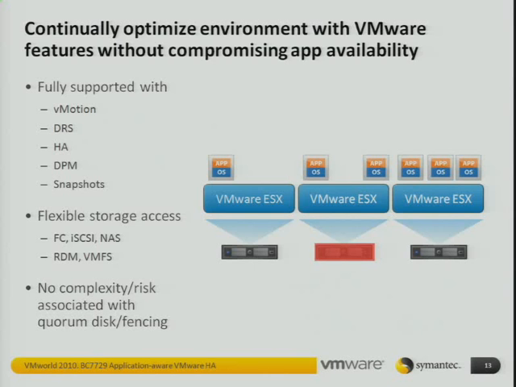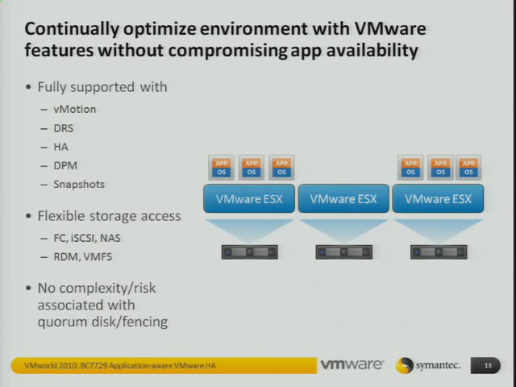Certainly HA as well as DRS and DPM. So for instance, if one of the ESX boxes fails, HA will restart the VM on the other box. Or power management could kick in and say, I'm going to evacuate this ESX box, move the virtual machines around, and get rid of this box, and things like that.